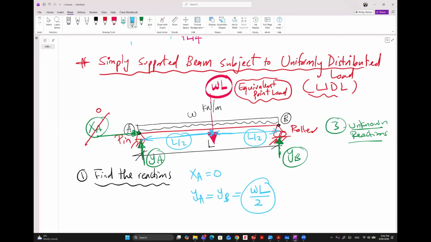So does this make sense to you? Half to the left and half to the right. Okay?